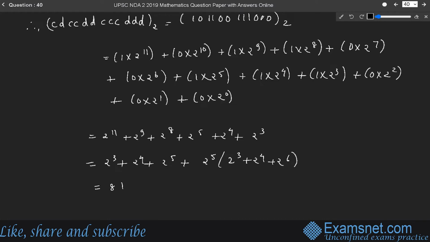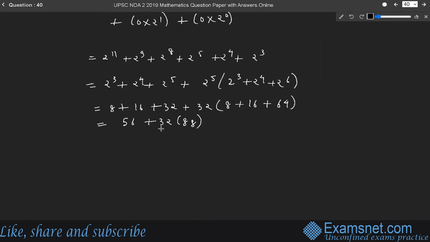So it will be equal to 8 plus 16 plus 32 into (8 plus 16 plus 64). So it will be 56 plus 32 into 88, which will be equal to 56 plus 2816. So it is equal to 2872.